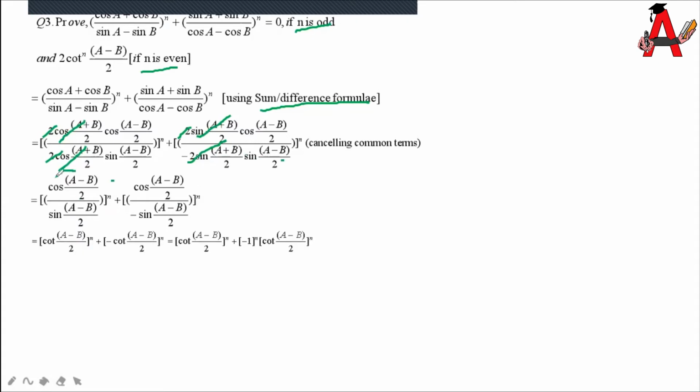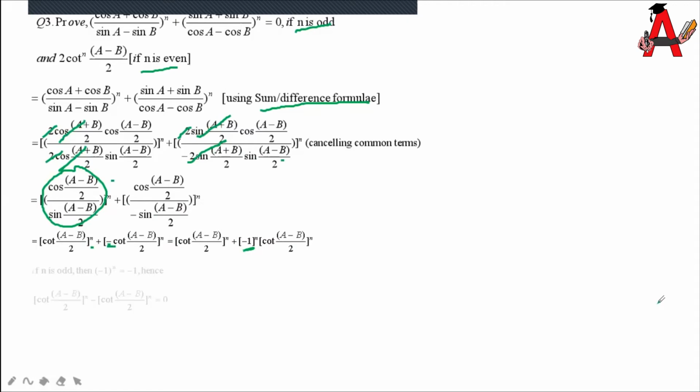This means cos upon sin will be cot. So cot (A minus B) upon 2 raised to n plus a minus here, minus cot (A minus B) upon 2 raised to n. This can further be written as minus 1 raised to n here. The remaining term remains the same: cot (A minus B) upon 2 raised to n plus (minus 1) raised to n into cot (A minus B) upon 2 raised to n.